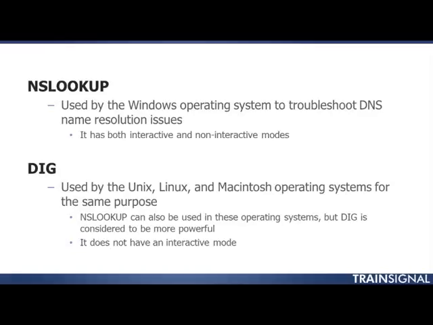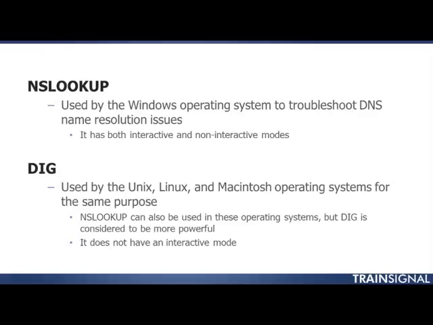That's something you would do if you were scripting your NSLOOKUP command. You would just want to put the entire command with the switches so you can just get your result. Whereas the interactive mode is more if you were sitting at the computer and you wanted to work your way through this troubleshooting process.